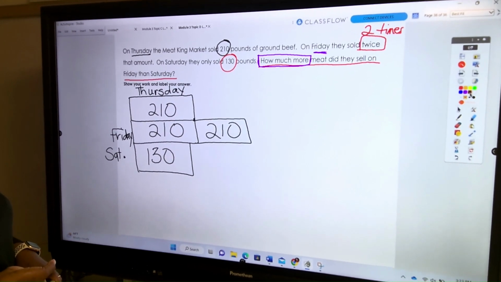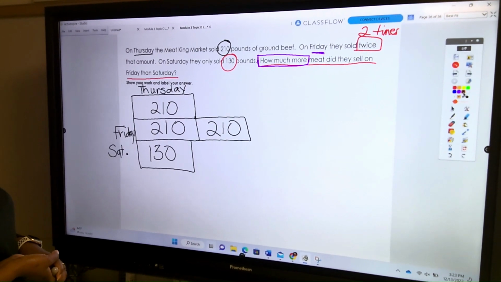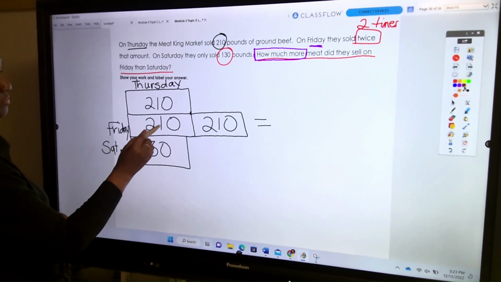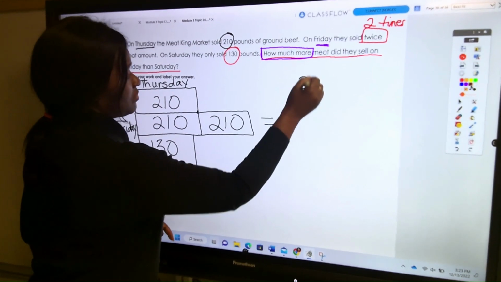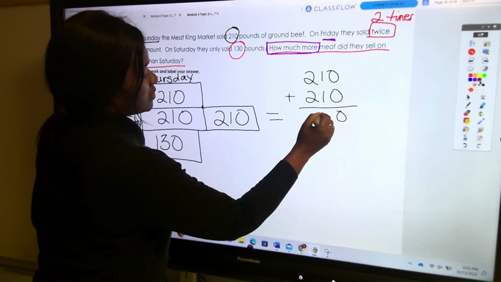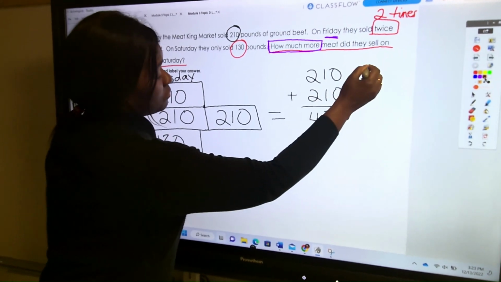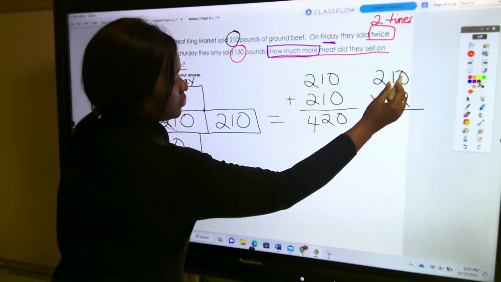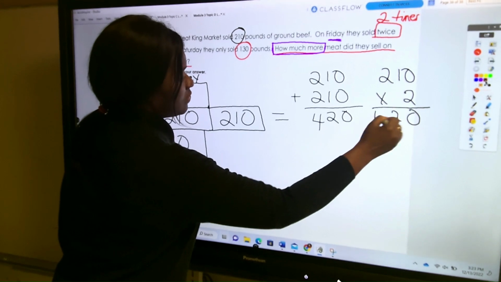So again, my question is asking me how much more meat did they sell on Friday than Saturday. So on Friday, I can see that that is equal to 210 plus 210, or so I could say 210 plus 210 is equal to 420. Or you could multiply 210 multiplied by 2. 2 times 0 is 0, 2 1s is 2, and 2 2s is 4.